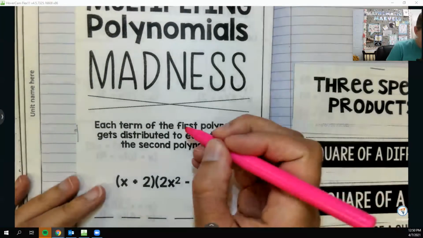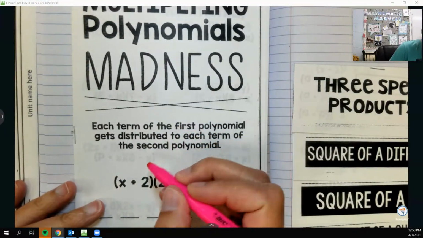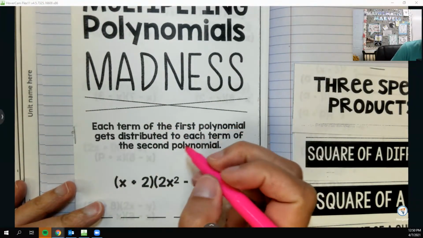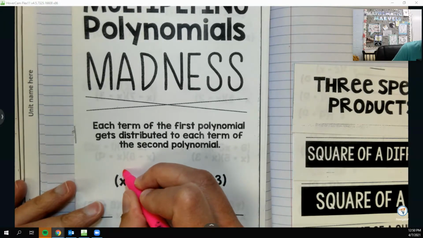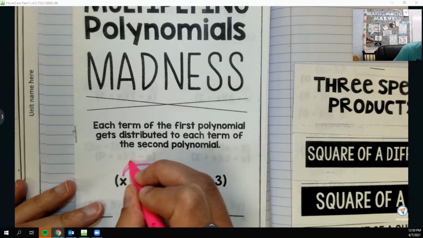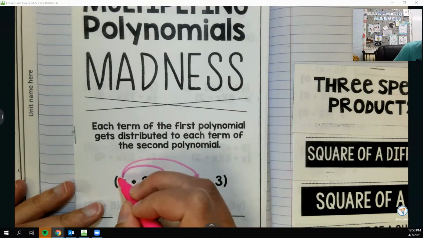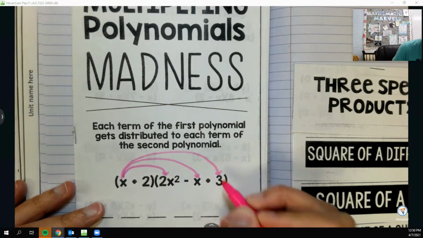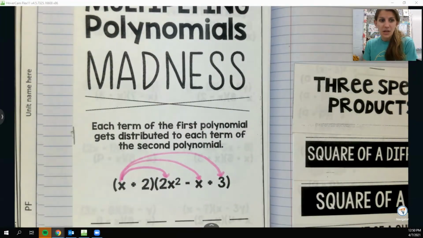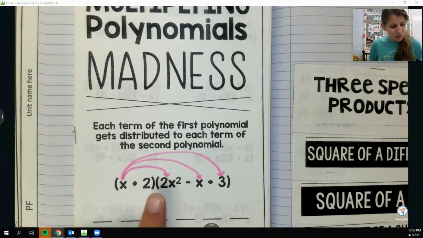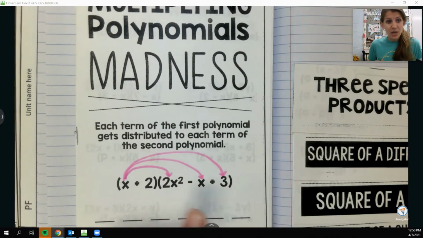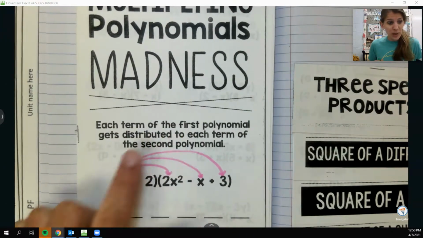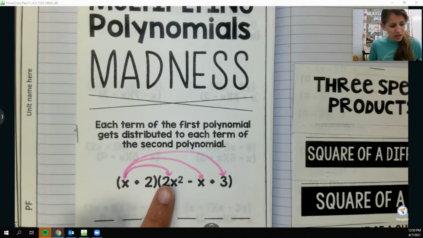So each term of the first gets distributed to each term of the second. So that means I take this one and I distribute it here, here, here. So I took the first and distributed it to all that. So that each term of the first polynomial gets distributed to each term of the second.